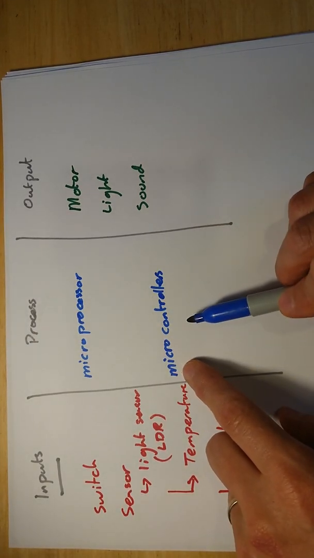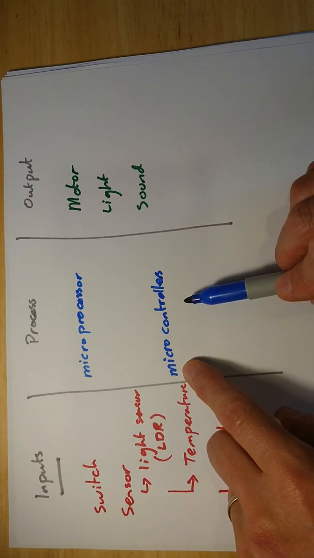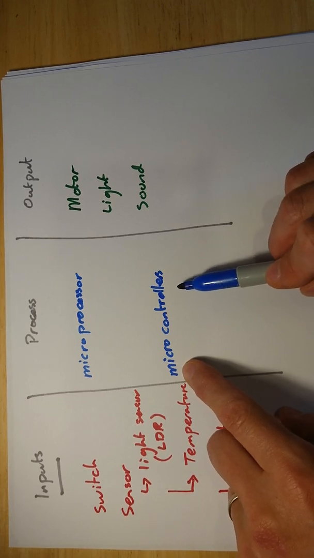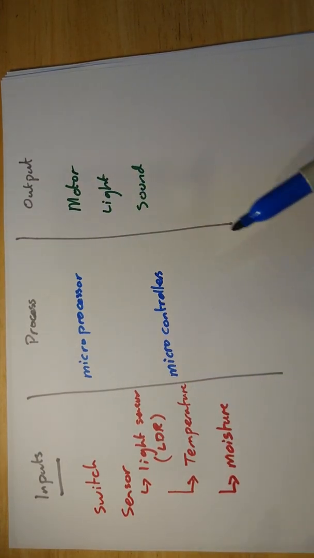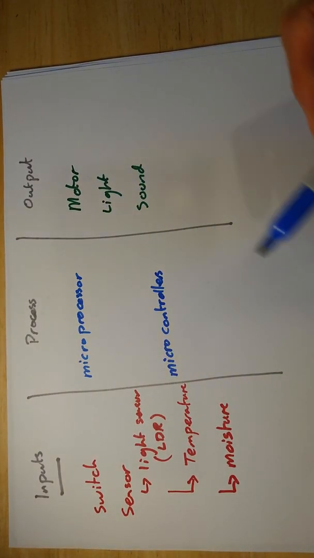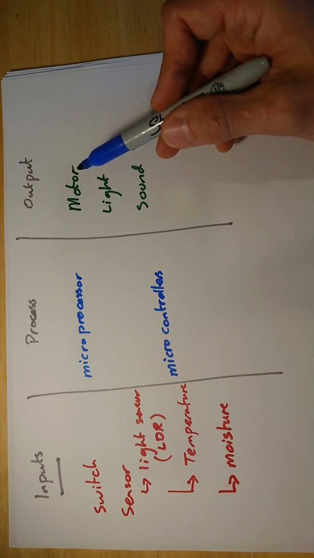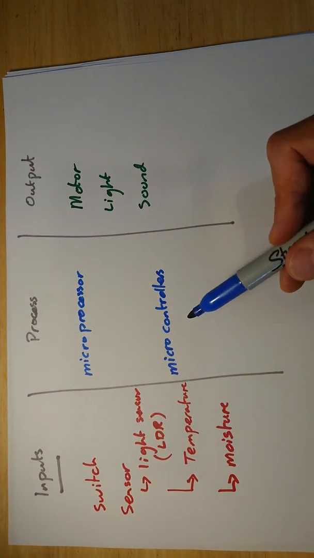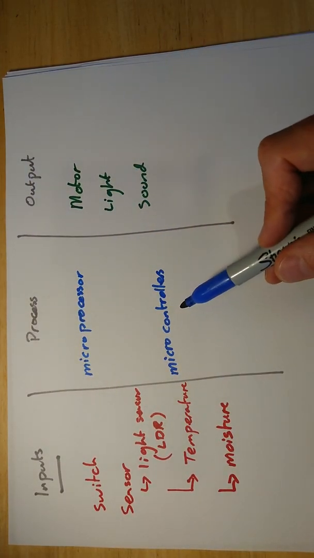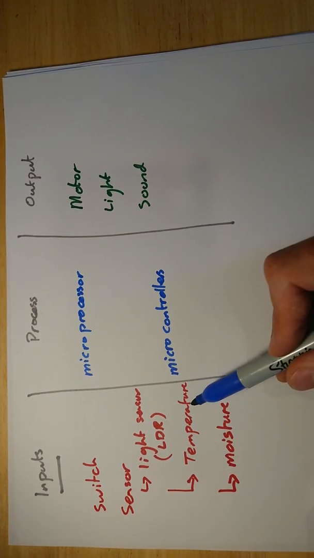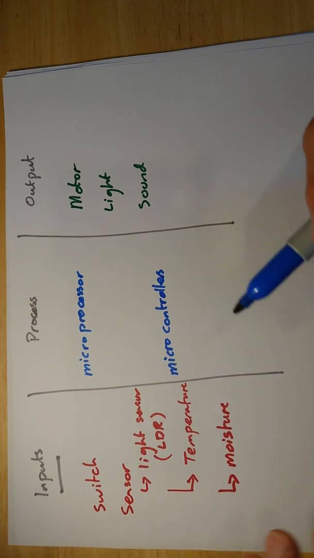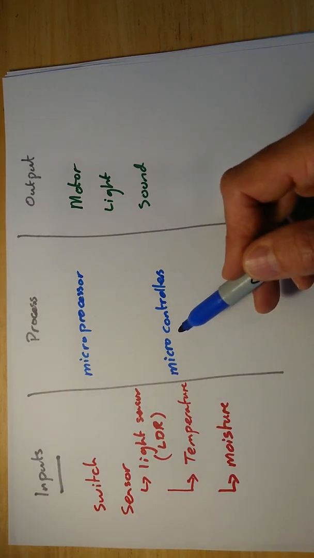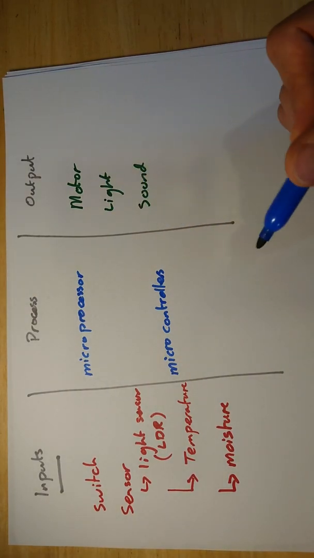You program the microcontroller so that when it gets to a certain temperature, it turns on the motor, and the motor lets in the gas, so it starts your boiler and heats up the house. So with the sensor and the microcontroller, which we can program and so we can change, it then has some form of output.